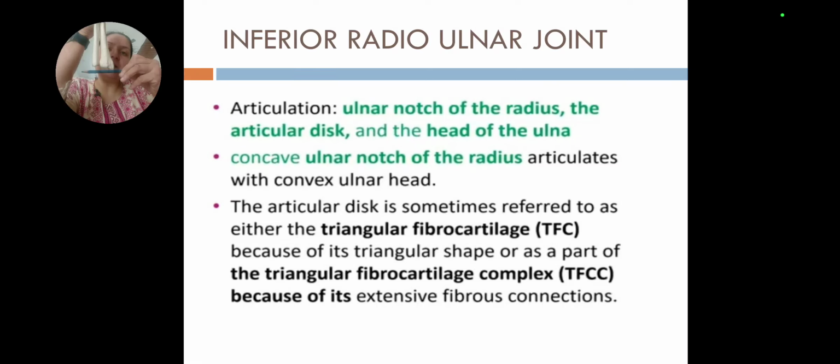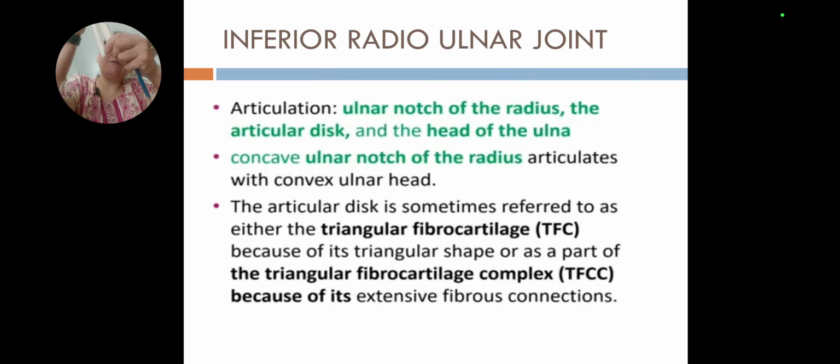Can you see? There is a difference again here. So it is formed between here. Let me color this again so that you can see it well. This is the ulnar notch of the radius, and it is attaching with the convex head of the ulna.